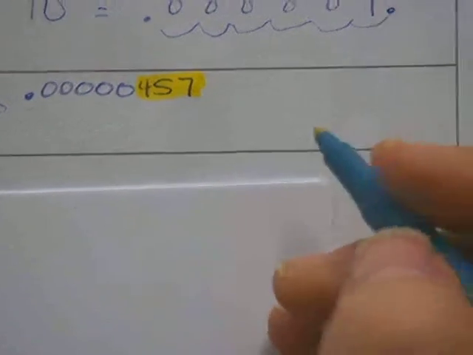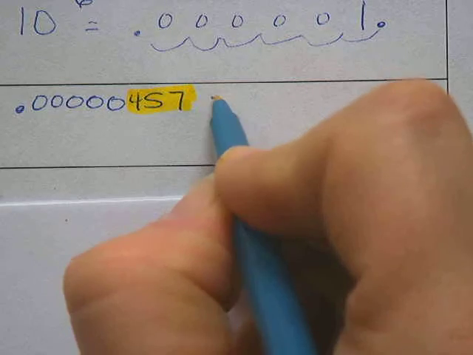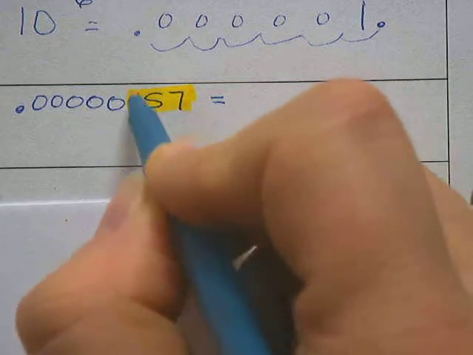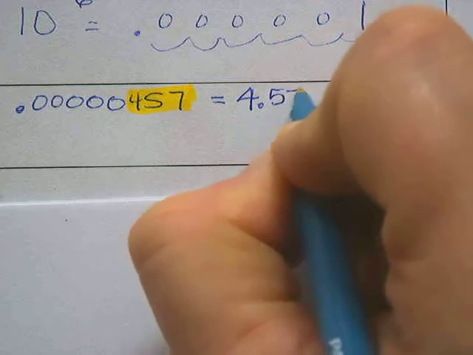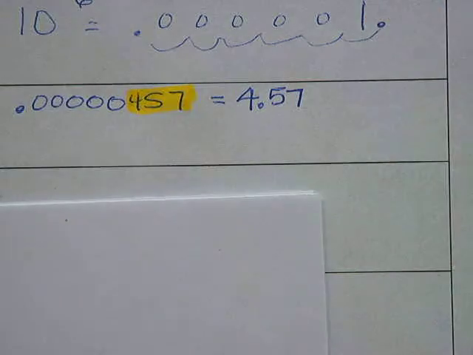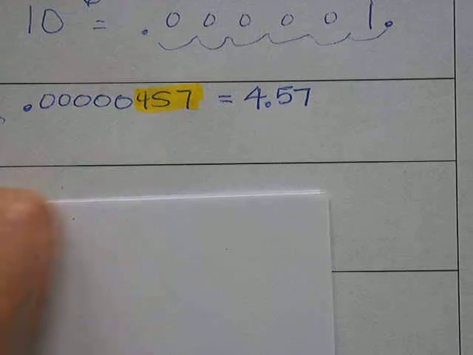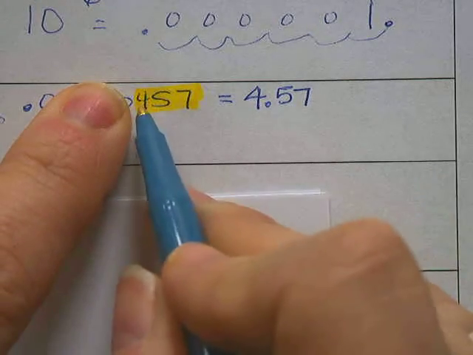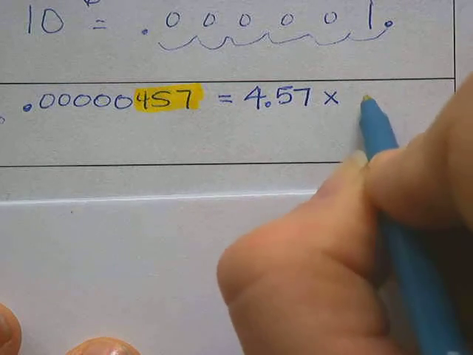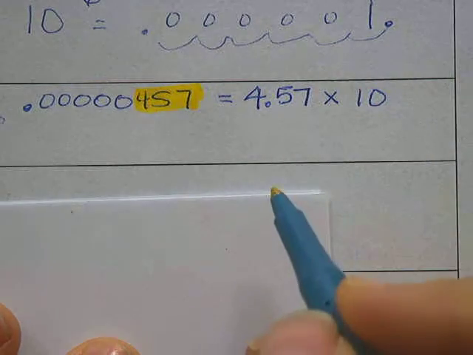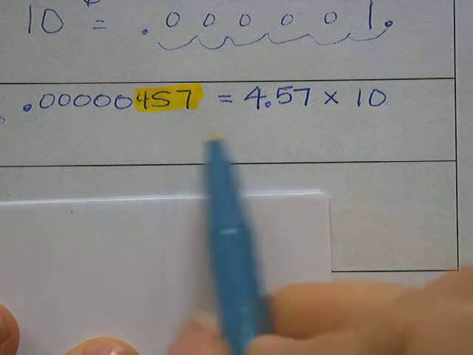And we call them significant because 4, 5, 7 is really what's going to give this number definition and specifics. So we take those significant digits of 4, 5, 7 and we first write them as a number between 1 and 10. So 4.57 is how we're going to have to place a decimal point so that this becomes a value between 1 and 10.